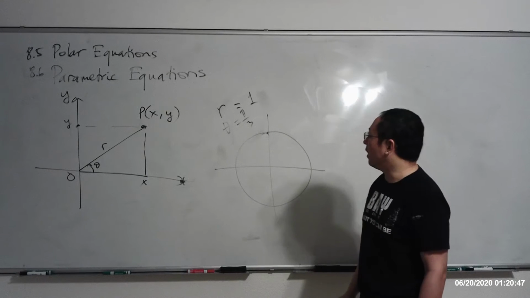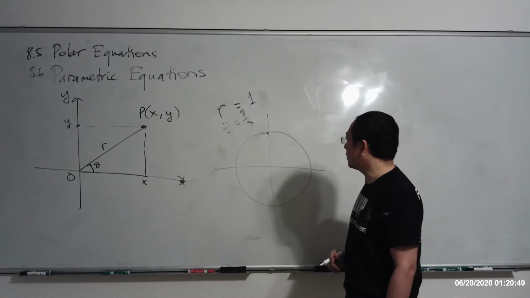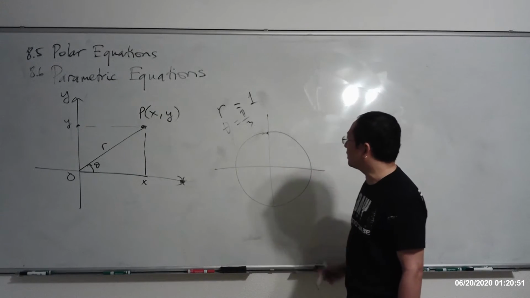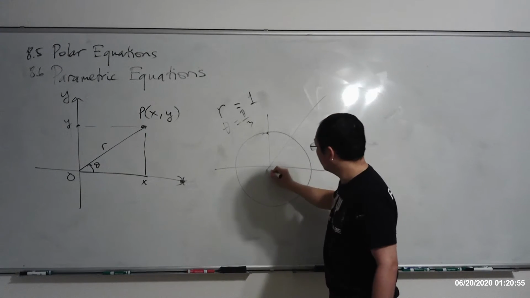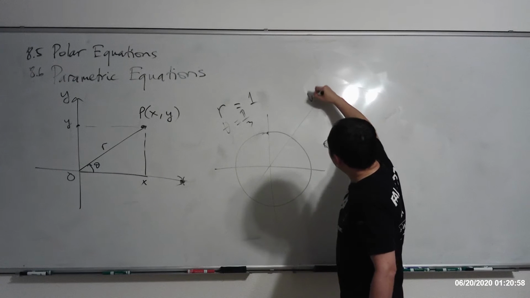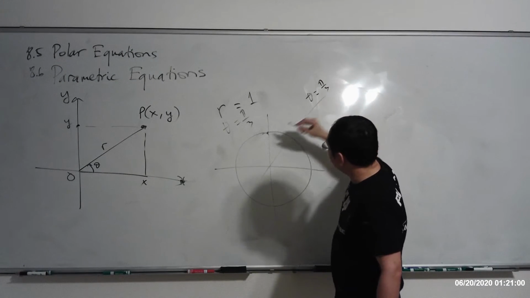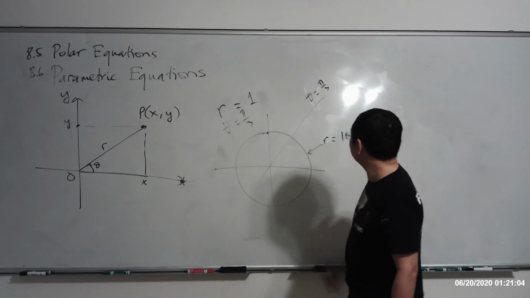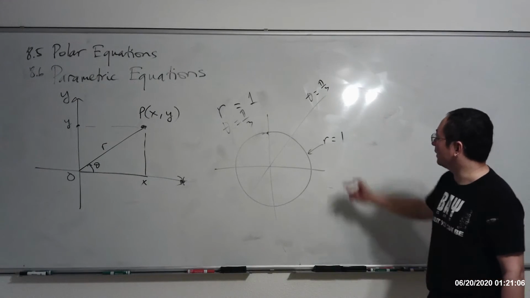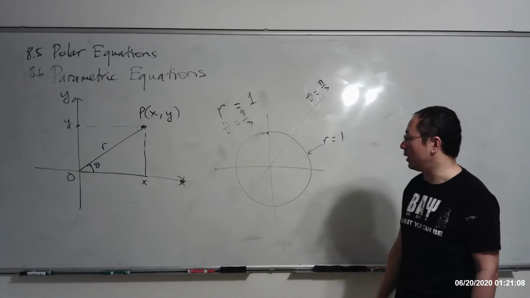It means all the points have any distance from the origin that you want, but the angle is pi over 3. This is going to be a line. Pi over 3 means 60 degrees. This is the line right here, the equation theta equals pi over 3, and the circle right here is r equals 1.